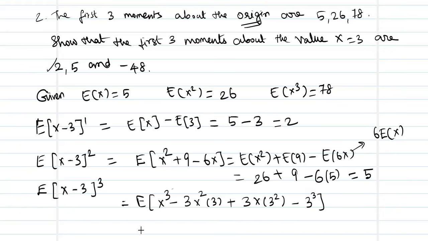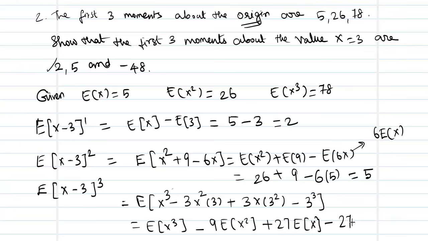So this makes it, split it separately, E of x cube minus 3 3s are 9, 9 times E of x square, 3 square is 9, 9 3s are 27, so plus 27 times E of x, and this is going to be a constant, and the expected value of a constant is the constant, so you have 3 cube, 3 into 3 9, 9 3s are 27 to come outside.